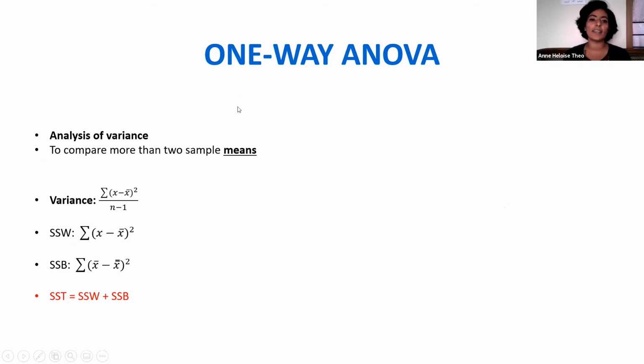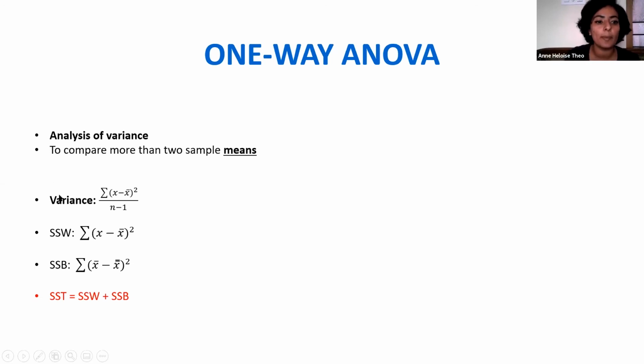Now, ANOVA is a test of variance. But one important thing to remember here is that although we are testing variance in order to see if there's a difference, the conclusions we're making are about the sample means. That can be a little confusing.